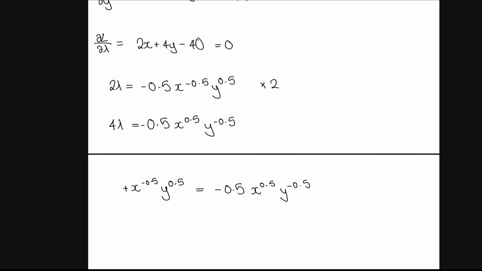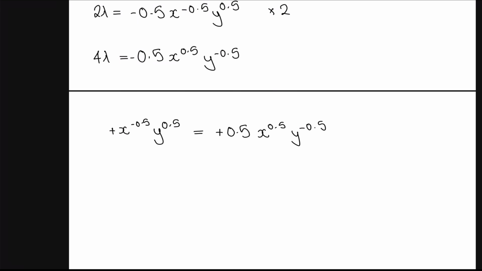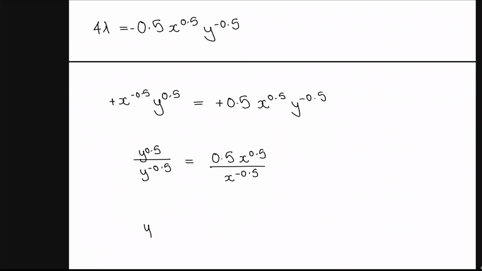If we divide by the minus, we just get pluses on both sides. And then if we divide this side by y to the power of minus 0.5, and then this side by x to the power of minus 0.5, we get y is equal to 0.5x.